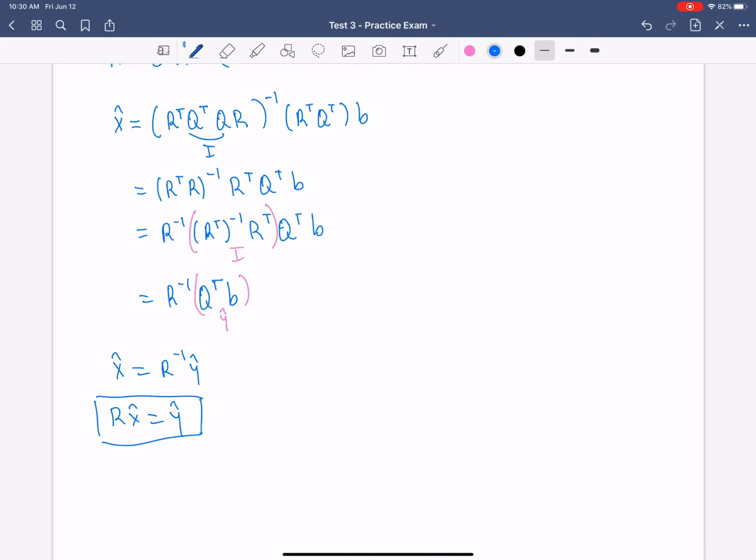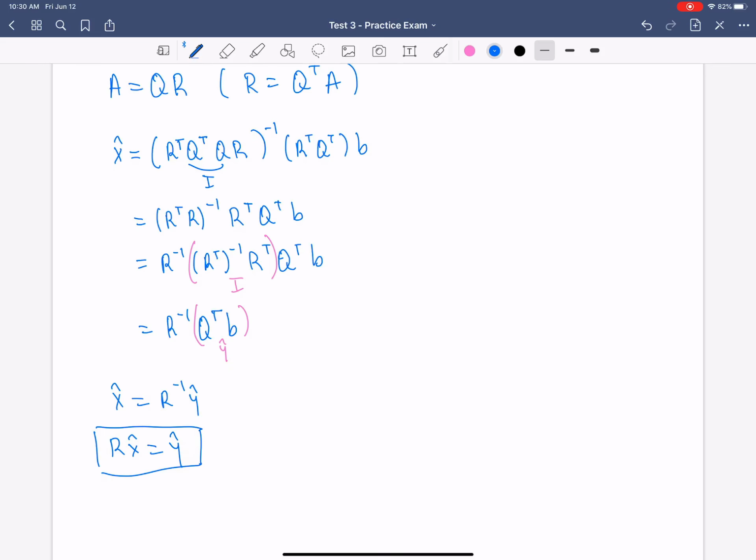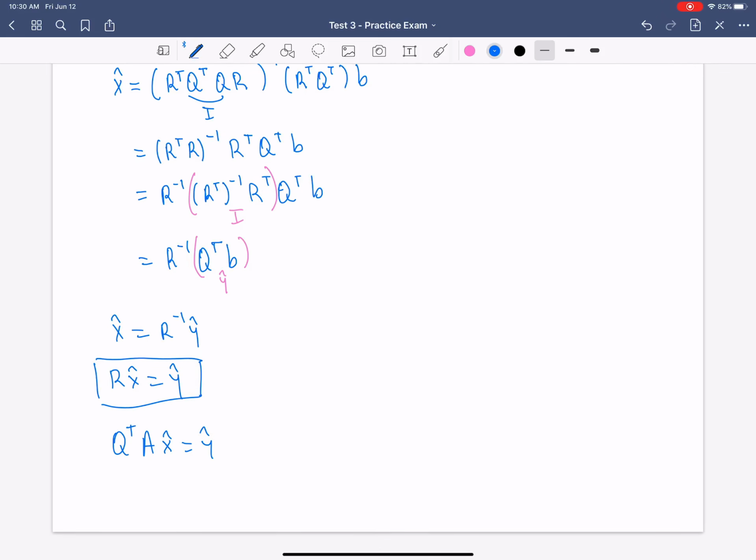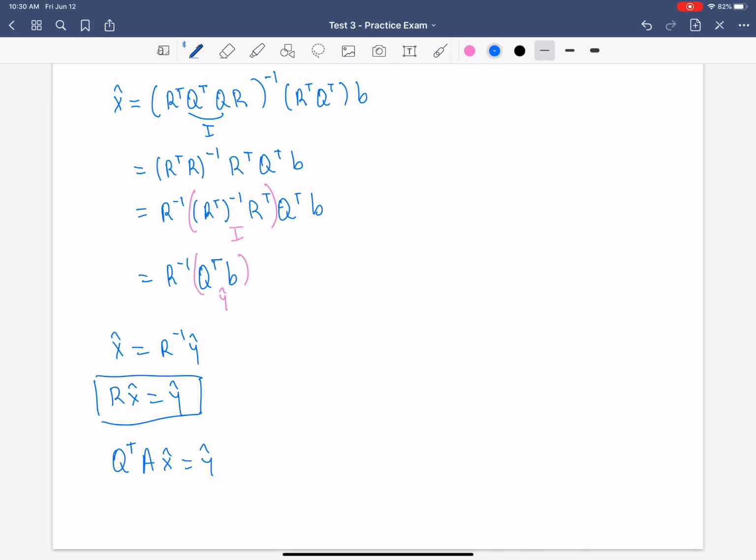You could also write, now that you know that R is Q transpose A, Q transpose A x hat equals y hat. And going back completely to A and Q, we have A x hat equals Q y hat. This is the best relationship that you can possibly find. So this is the best answer.